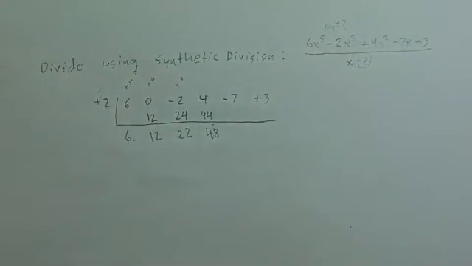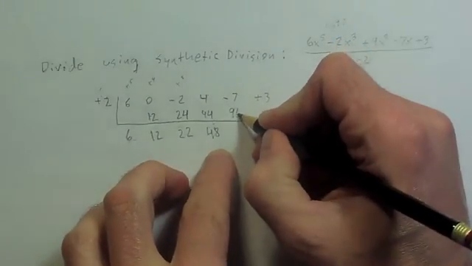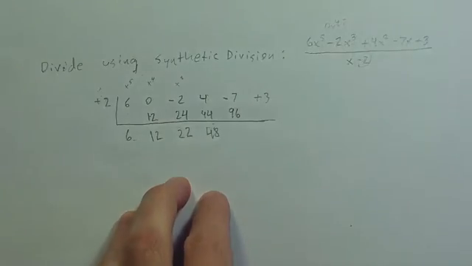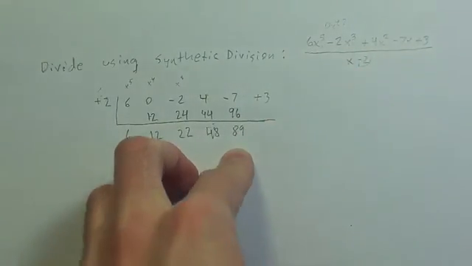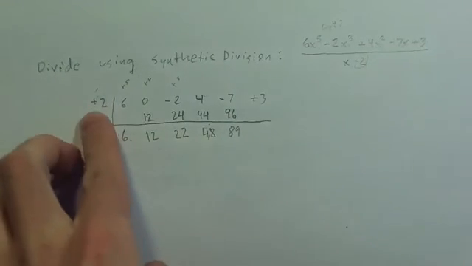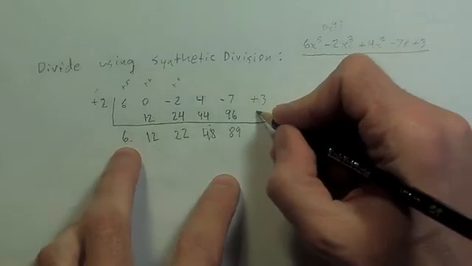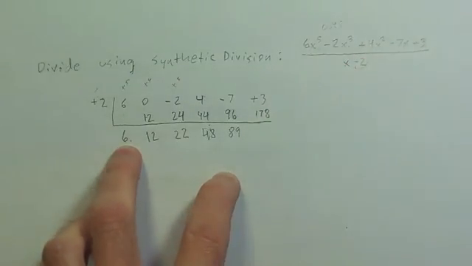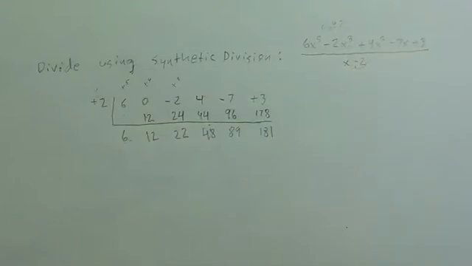Alright, then 2 times the 48 is going to be 96. Now minus the 7 gives us an 89. Right? And then finally 2 times the 89 gives me 178, plus the 3 gives me a 181.